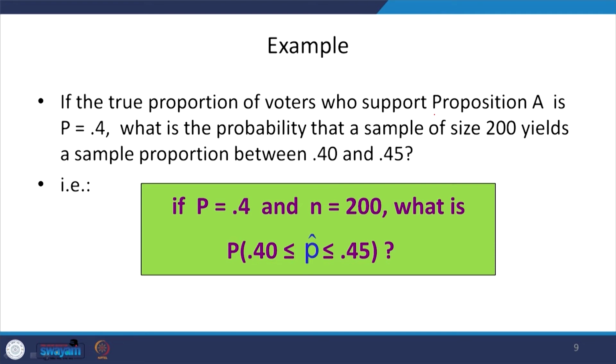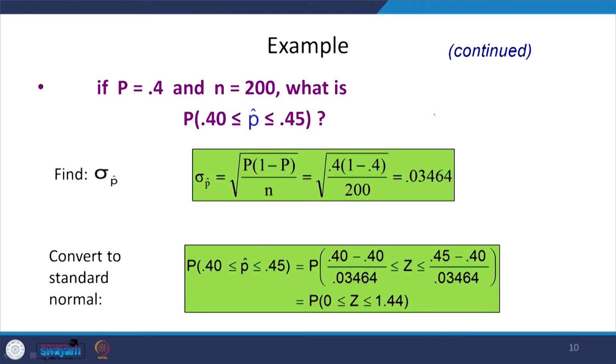The population proportion is given as 0.4, that is 40%. What is the probability that the sample proportion will lie between 0.4 and 0.45? Here n is taken as 200. With P equal to 0.4 and n equal to 200, what is the probability that 0.4 is less than or equal to p hat, the sample proportion, less than or equal to 0.45?